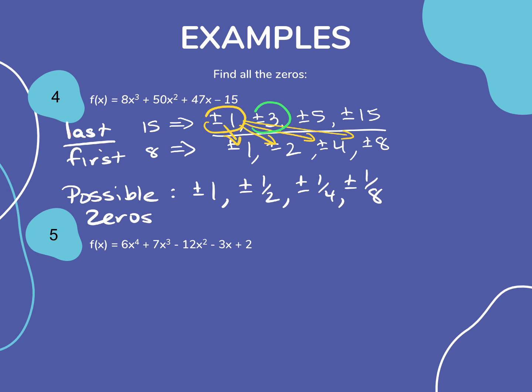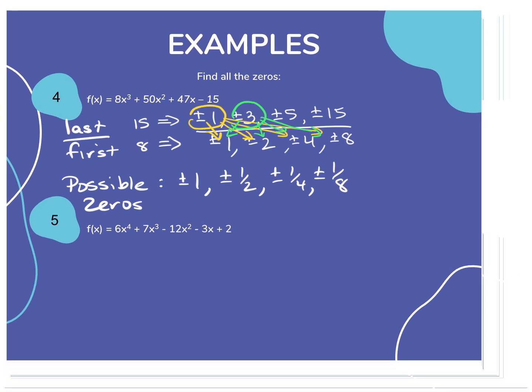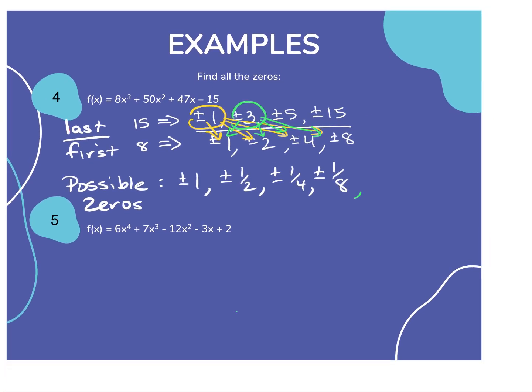Now I have to take the 3 and do exactly the same thing. So I'm going to take this plus and minus 3, give it a denominator of 1, 2, 4, 8. So now I'm going to add to my list. So plus and minus 3, plus and minus 3 over 2, plus and minus 3 over 4, and then plus and minus 3 over 8. Now I got to do the same thing with the 5.